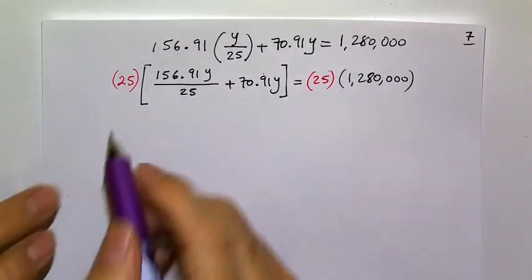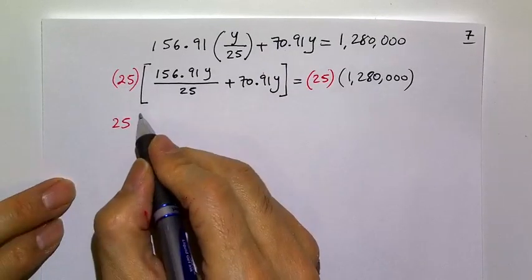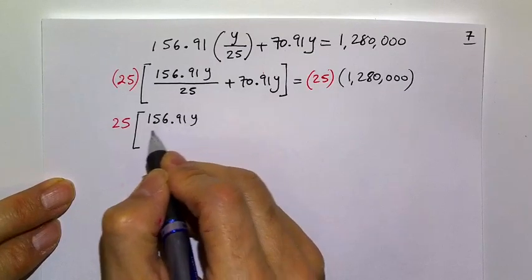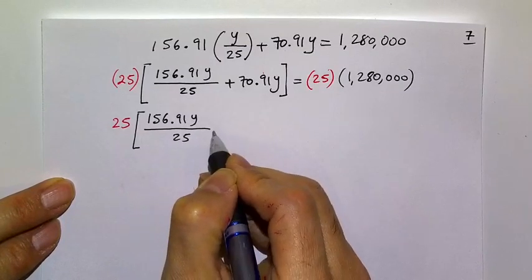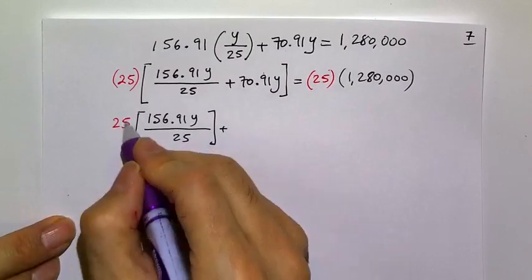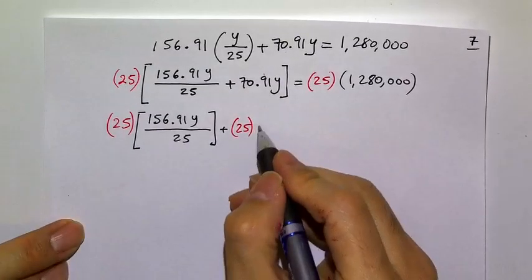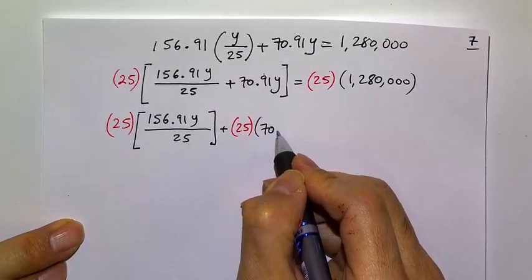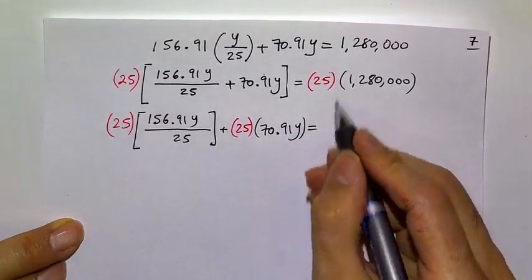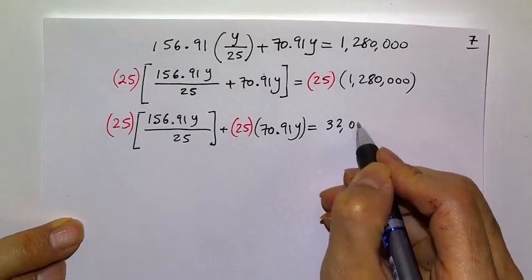On the left, let's distribute the 25 to each term. And then multiply this 25 by all of that. I got 32 million.